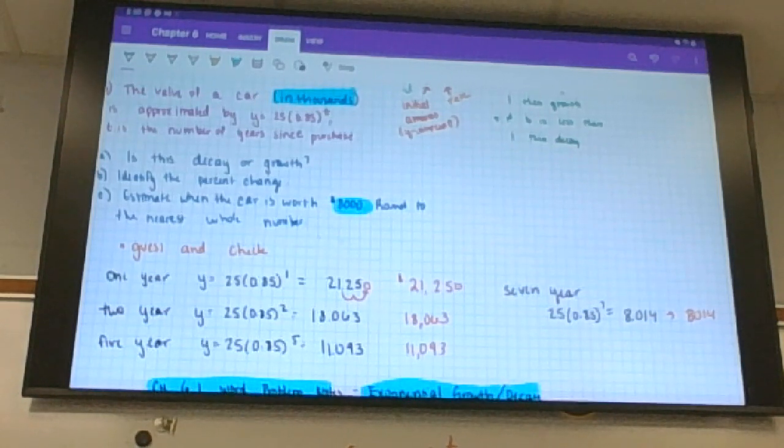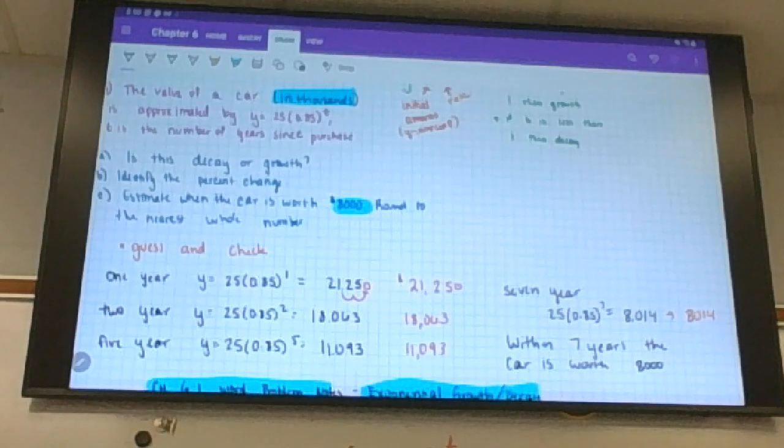A 2017 car right now is not worth 8,000. But there aren't any cars right now worth brand new cars. Maybe there are. I don't know. 2007. 2007.